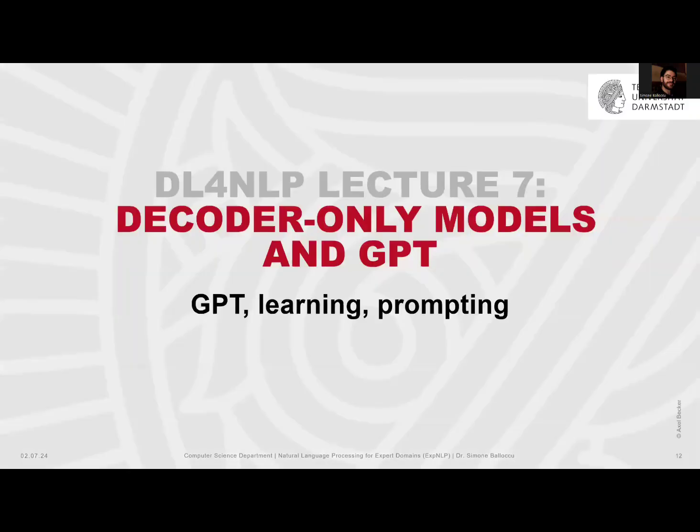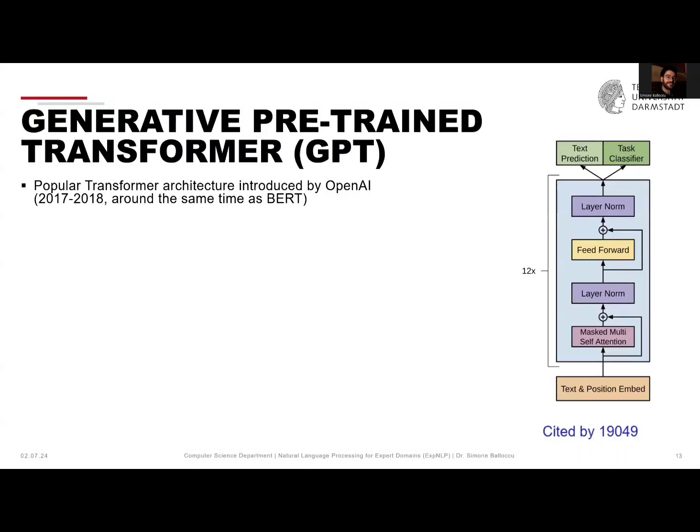Now we can move to GPT, the GPT model, learning and prompting. This is a popular transformer architecture that OpenAI introduced around the same time as BERT. It had 170 million parameters, so slightly larger than BERT base. And it had 12 decoder blocks with 12 attention heads per layer.